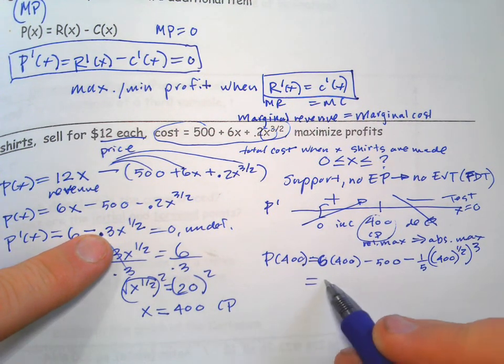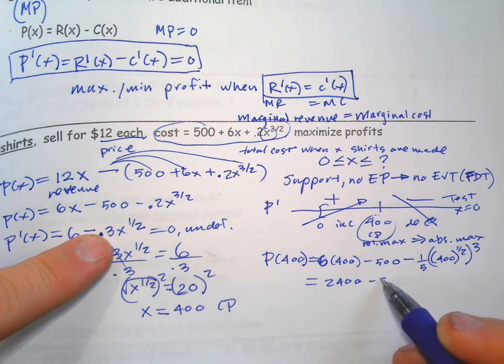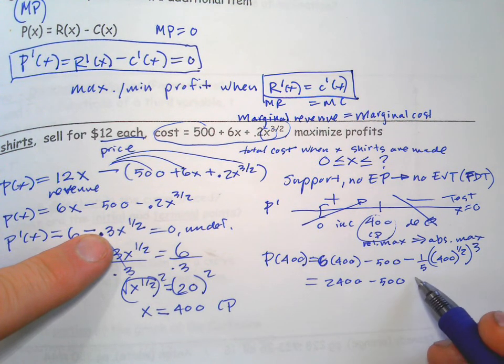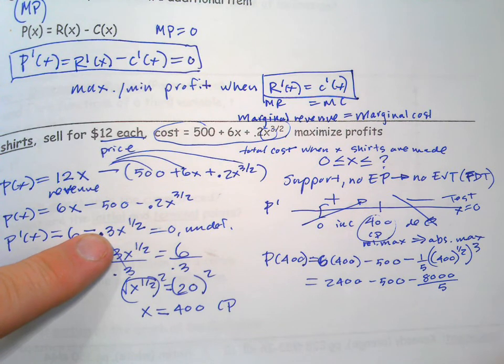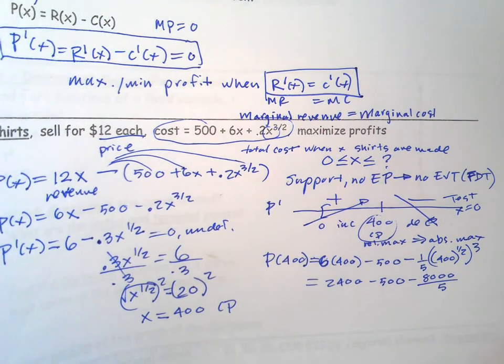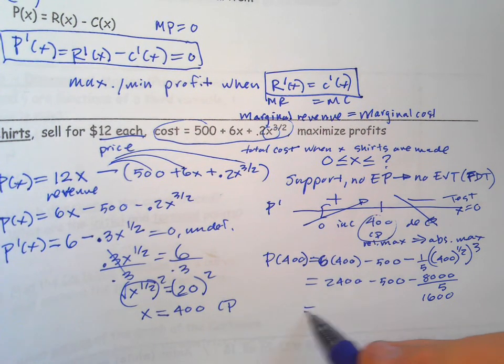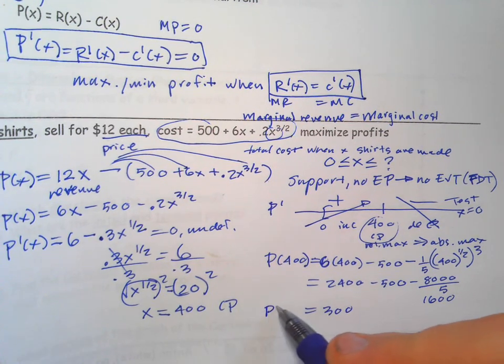So this is going to be 2,400 minus 500 minus 1/5 times 20 cubed, which is going to be 8,000. 8,000 divided by 5, so I think that's going to end up being 1,600. So 1,900 minus 1,600 equals 300 for our profit.